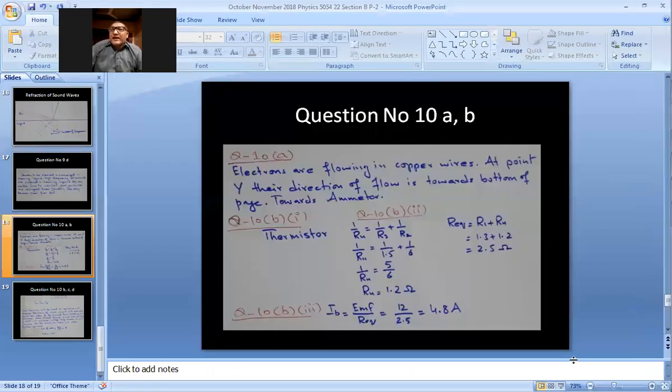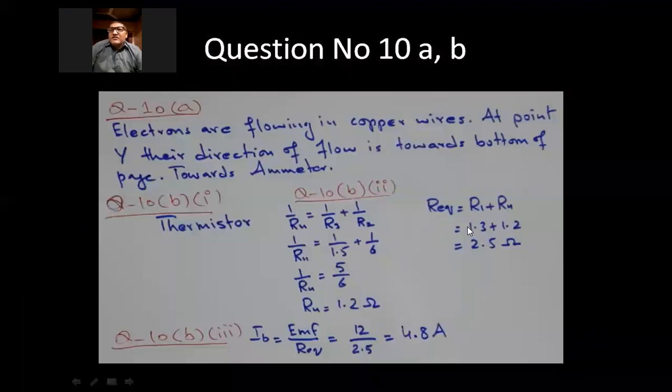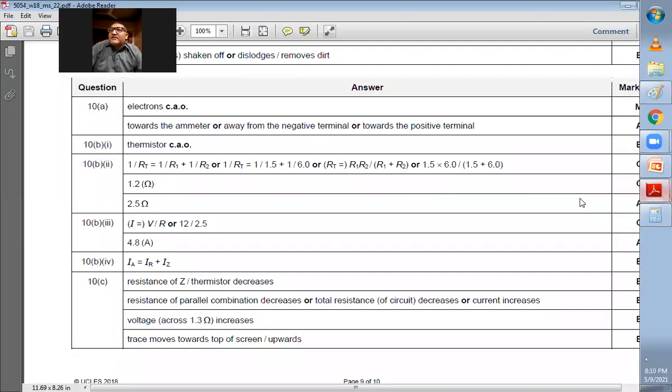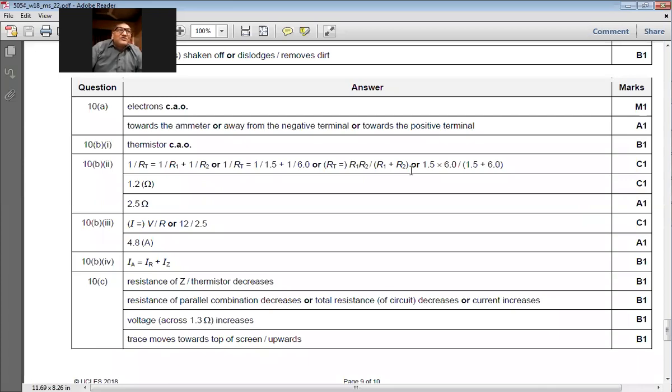Let me show you my answer. The EMF of the battery is 12 volt and the total resistance is 2.5 ohm. So the final answer will be 4.8 ampere. Let's check the marking scheme to make sure that our work is correct, because sometimes, we are humans, we make mistakes.